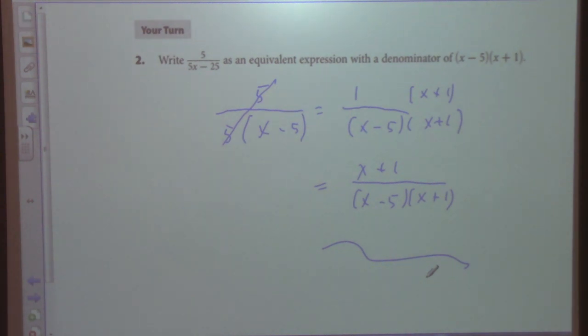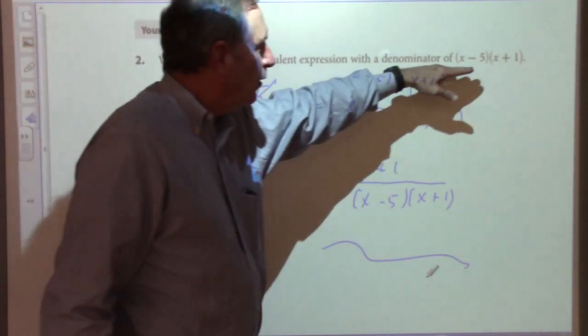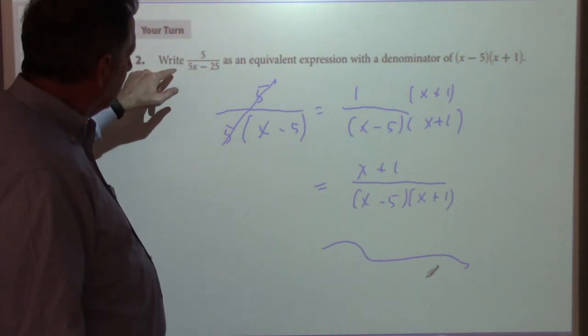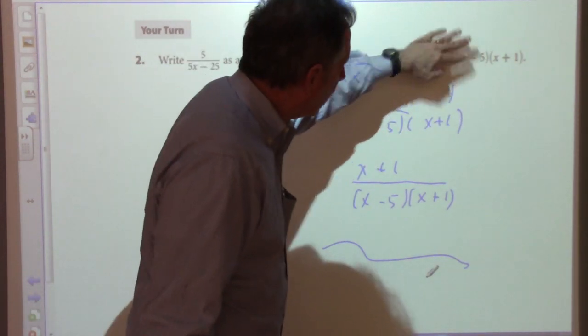Where did you get the first thing? Where did you get 5 over 5 times x plus 5? Mr. G, where did you get that? The first thing that you wrote. What I did here is I looked over here, and I saw the x minus 5, and then I saw this minus here, and so I said, okay, I want to see if I can get this as a common factor.